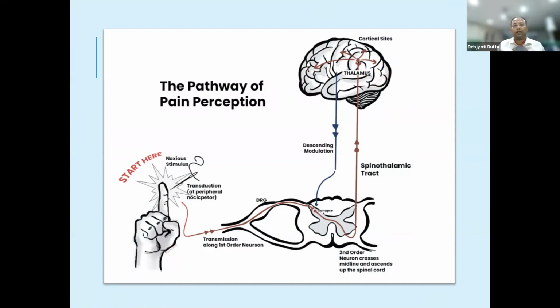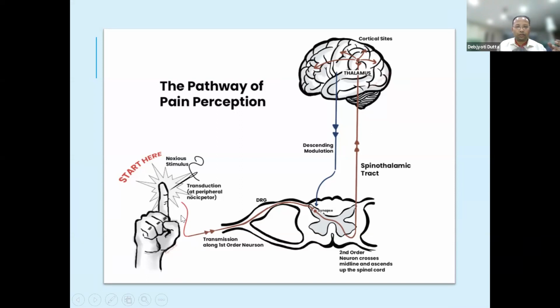So here you see nociceptive pain. This slide is of physiology, of course, and physiology and pharmacology are accompanied together in this scenario. Here there is a noxious stimulus, and this noxious stimulus will cause cytokines to be released, and ultimately an action potential will develop here.